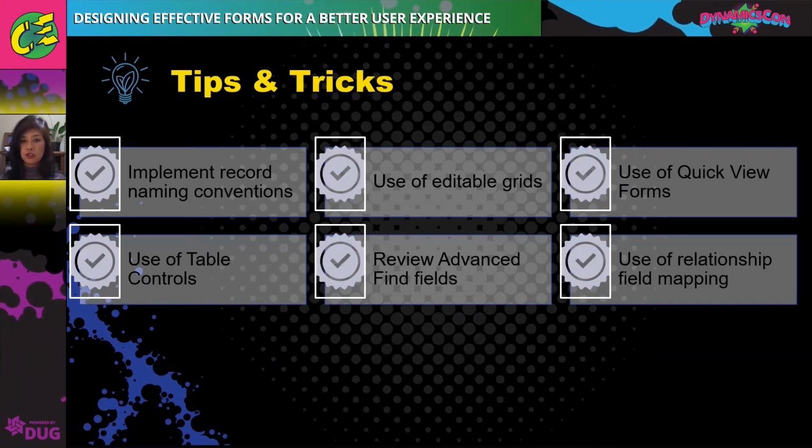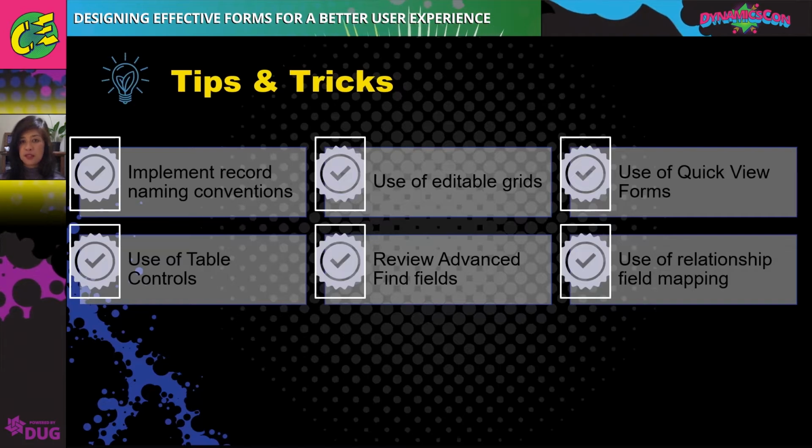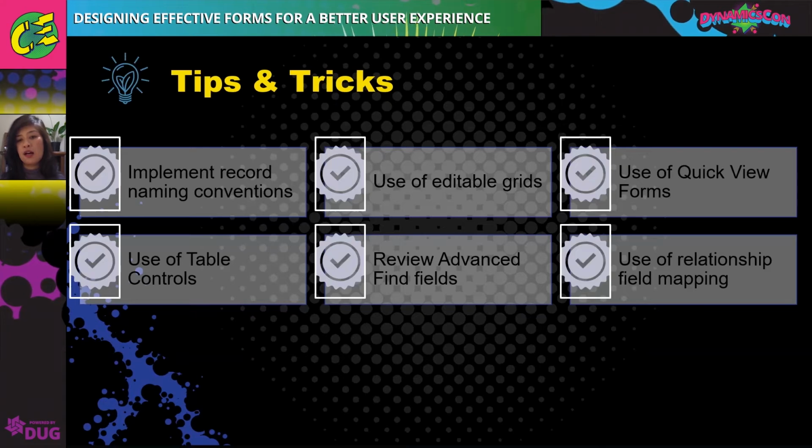So what you can do is map a field to field mapping between your parent record and your child record. And what it does is it copies the value of those fields to the child record when you're creating it. So instead of you creating a flow to do the copying, the relationship mapping will perfectly work for that purpose.